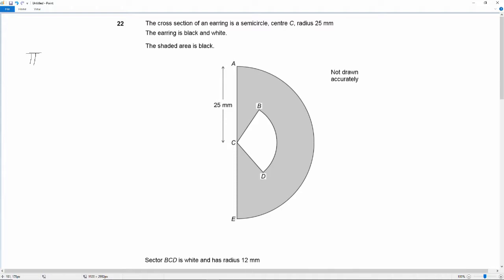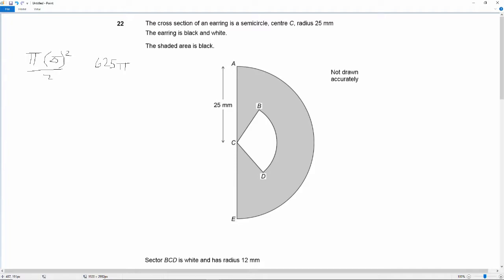And r is 25, so that's 25 squared pi over 2. Well, 25 squared, I happen to know, is 625, so that's 625 pi. You can, of course, use a calculator.